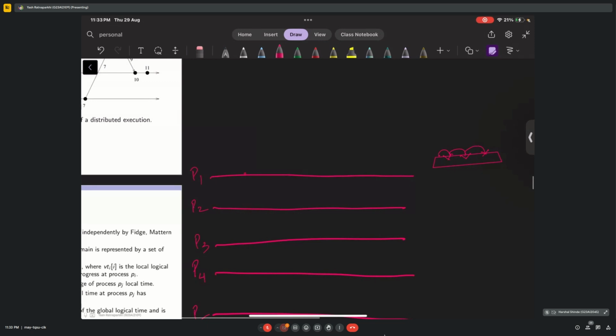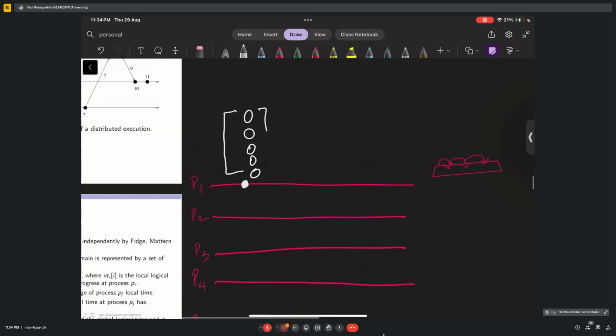That means if there is an event E happening here, it will have the matrix in a format: 0 0 0 0 and the fifth process 0. So this is a 5 cross 1 matrix, 5 rows and 1 column. Okay, correct.